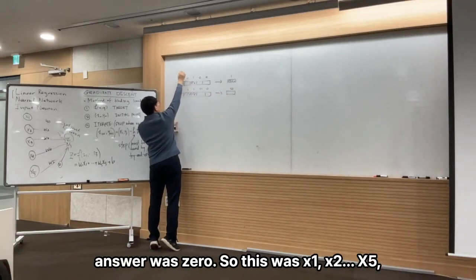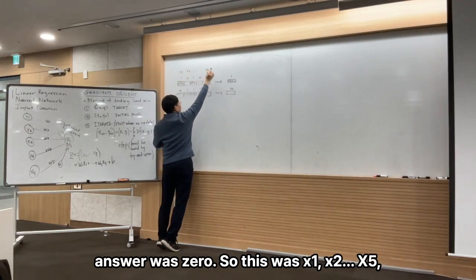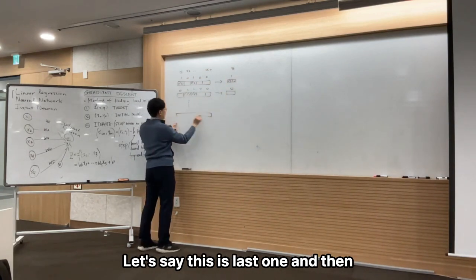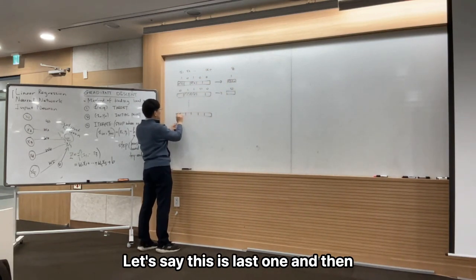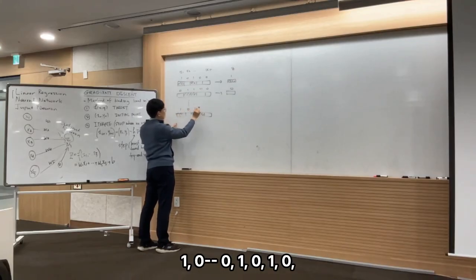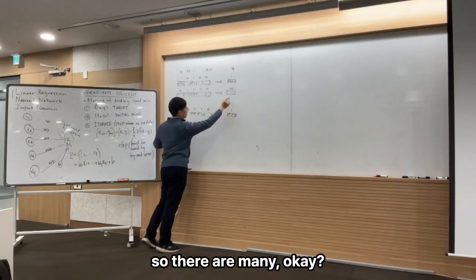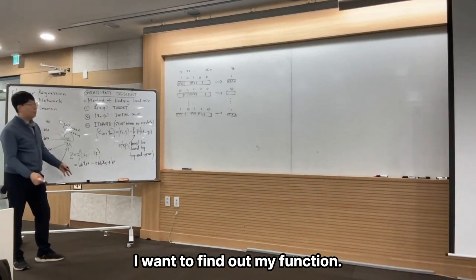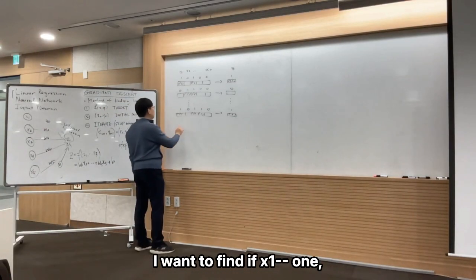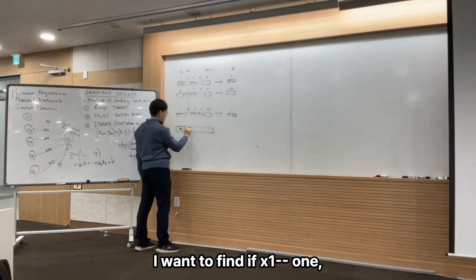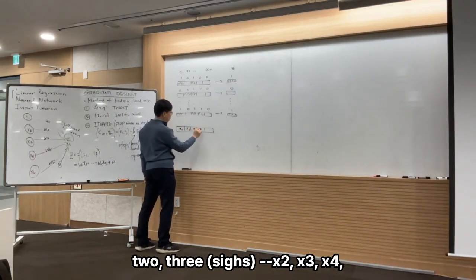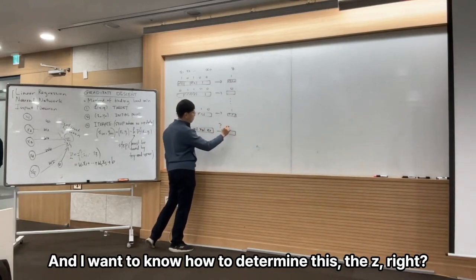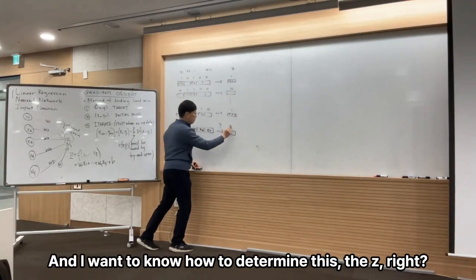So these were x1 to x5, and this is z. Let's say you have several of these. Let's say the last one is 1, 0, 0, 1, 0, and you got 1. So there are many, okay? Based on this pattern, I want to find my function. If x1, x2, x3, x4, x5 is given, I want to know how to determine z, right?